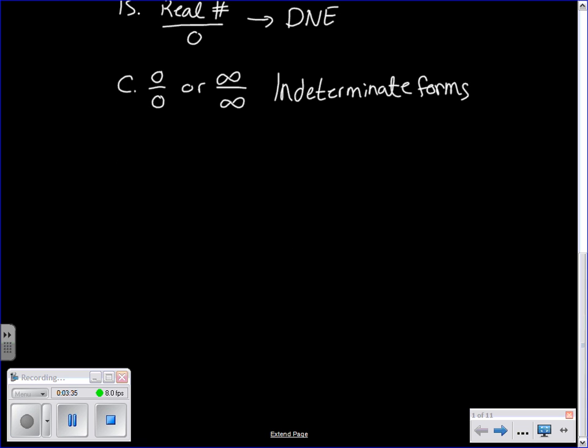What you have to do is try a different method of evaluating the limit that we'll talk about later, something like factoring. You might use the conjugate. Or something that's really nice, after we start talking about derivatives, we can apply a method called L'Hopital's rule, and we'll talk about that much later in class.